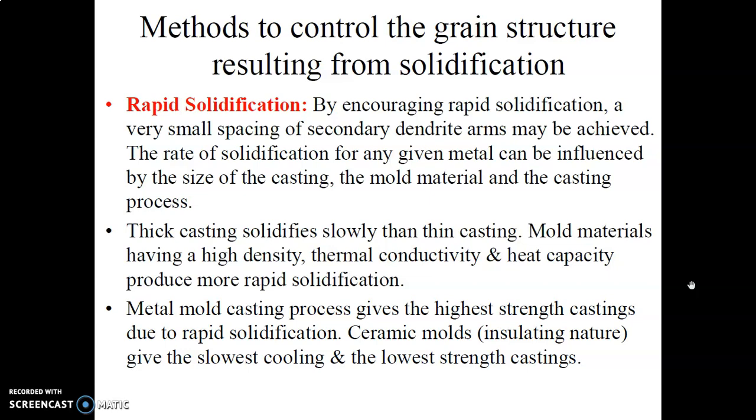The rate of solidification for any given metal can be influenced by the size of the casting, the mold material and the casting process. So here we are using the external agent which is added to the molten metal. It will start the solidification and ultimately you will get the fine grain size.